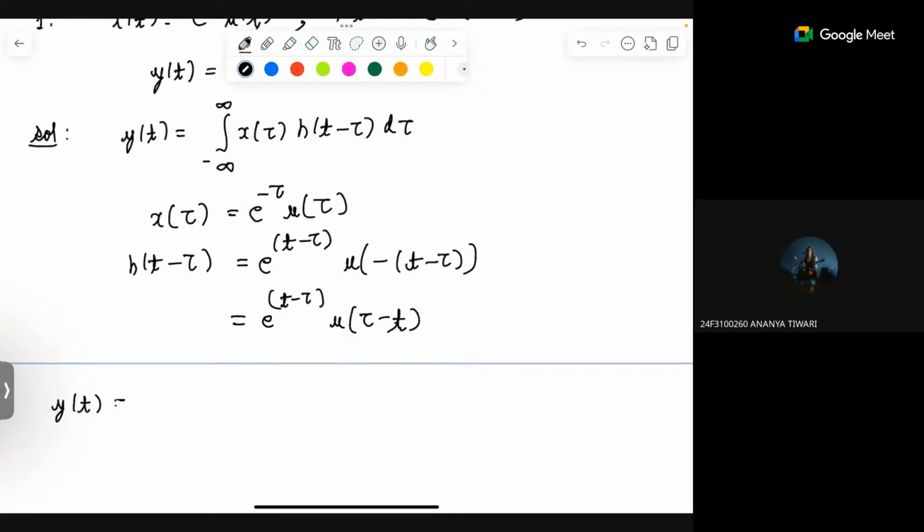y of t is equal to the integral from minus infinity to infinity of e raised to the power of minus tau u of tau e raised to the power of t minus tau u of tau minus t d tau.